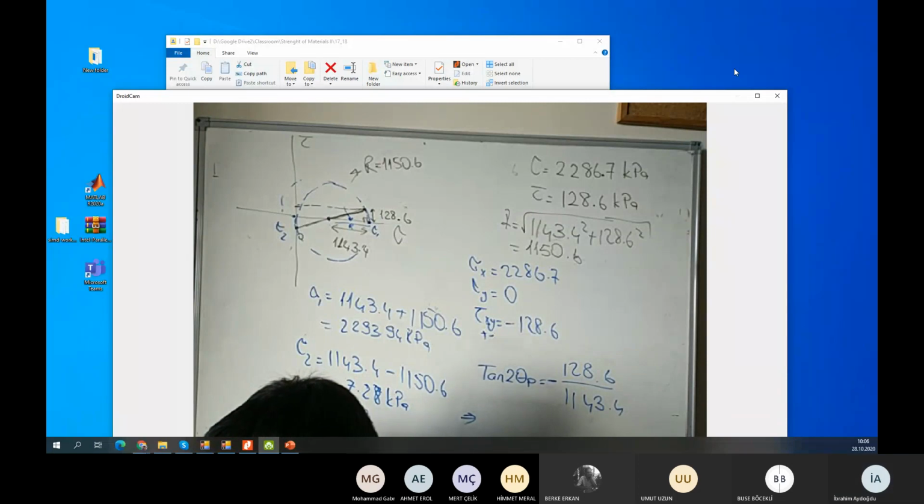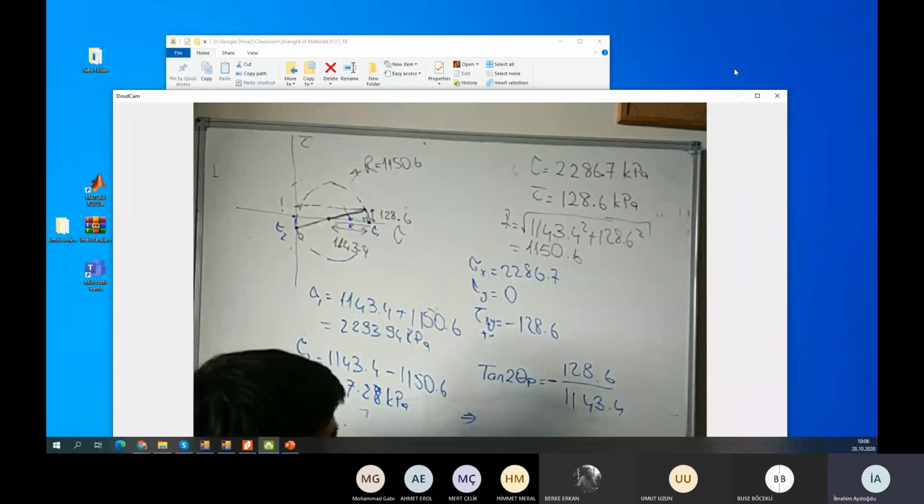Trigonometry, tangent power minus 1, minus 6 divided by 11.4.